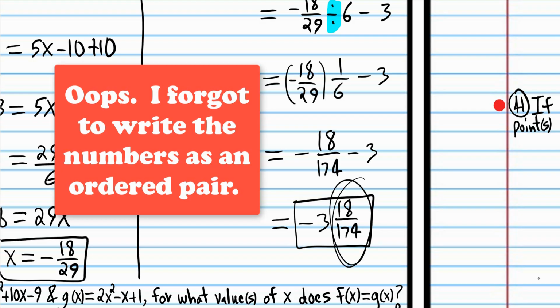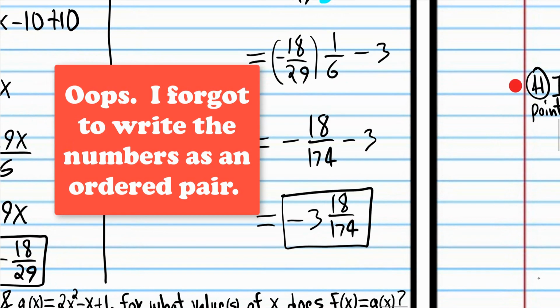Now, I think we can reduce this actually. In fact, I know we can reduce it, so I'm going to divide both sides by 2. And we get 9 over 87.